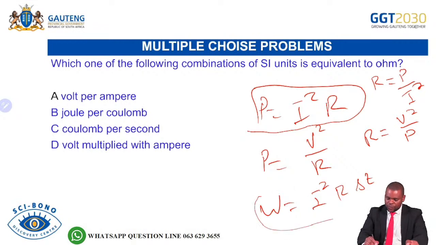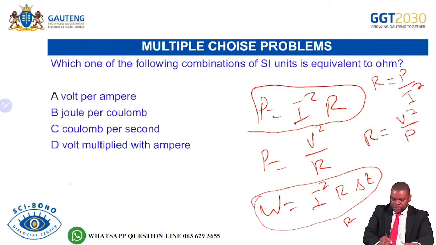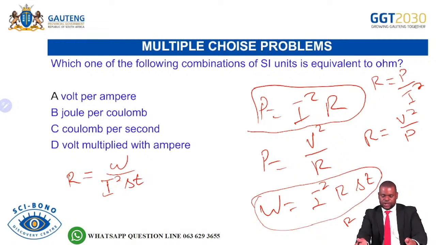And here, when we make R the subject of the formula, we found that R is equal to W over I squared change in time. Can you see?